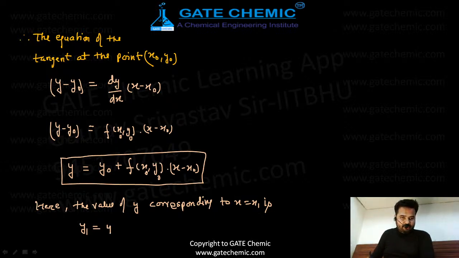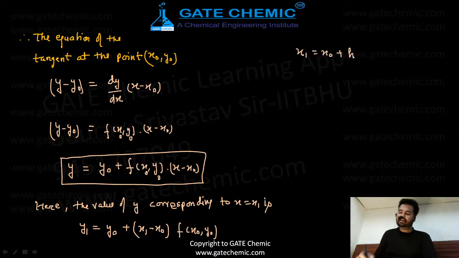Okay, so y1 equals to y naught plus, here in place of this x you can put x1, so x1 minus x naught into function of x naught comma y naught. And see beta, this x1 was nothing but x naught plus interval h.